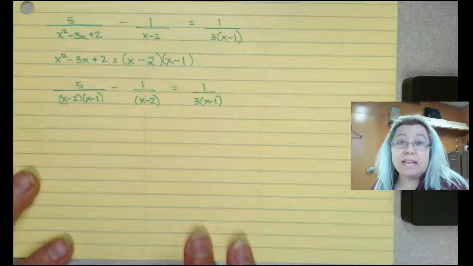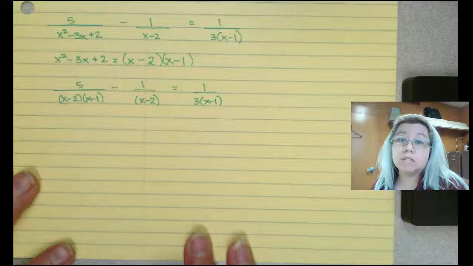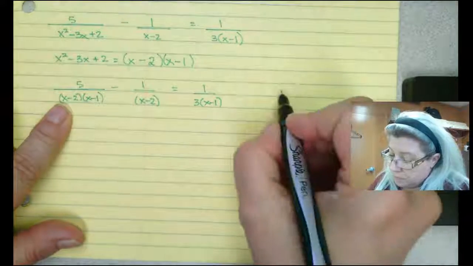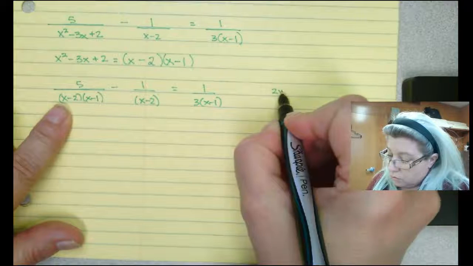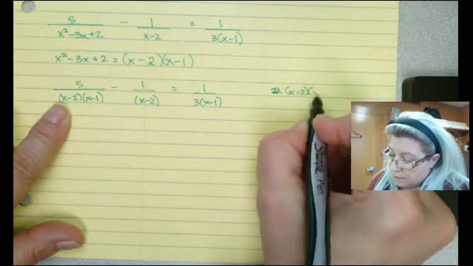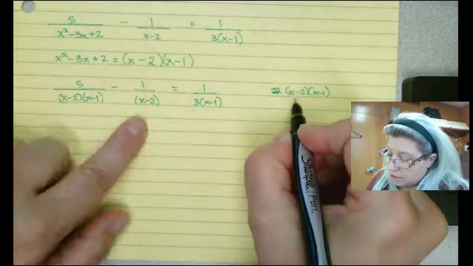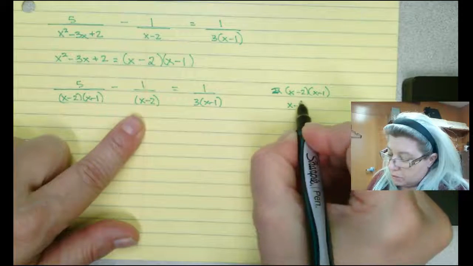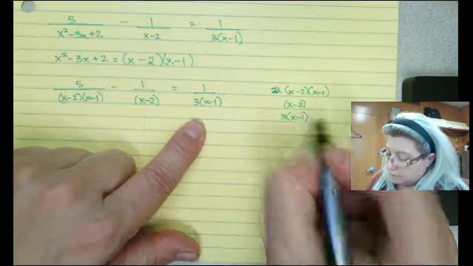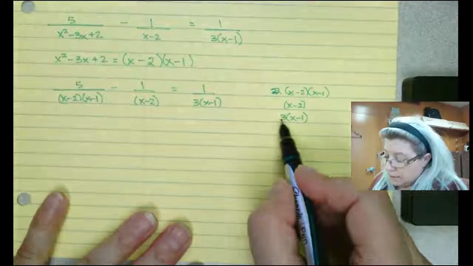Now we need to find the LCD of all of the denominators. My denominators are x minus 2, x minus 1. Second denominator is x minus 2. Third denominator is 3x minus 1. Definitely need a 3.